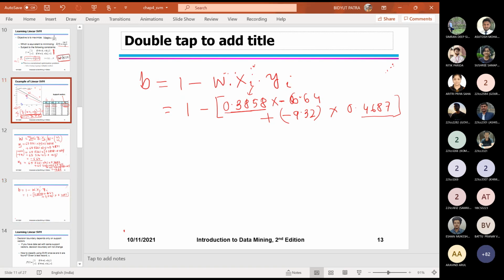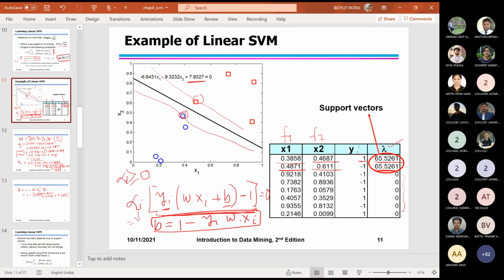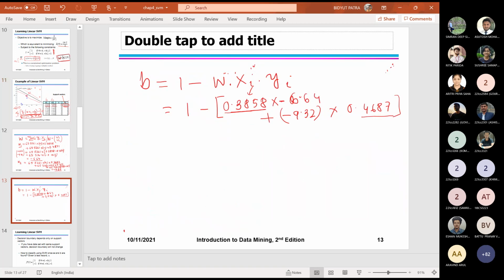0.4687 multiplied with the vector w2, the second component, that is minus 9.32, and yi is 1. So what will we get for this value? Can you calculate it?